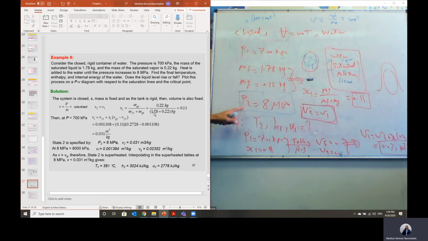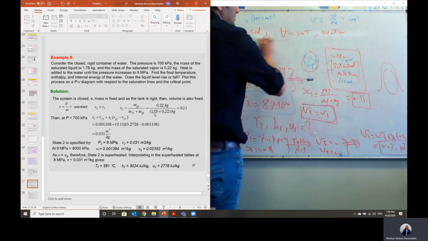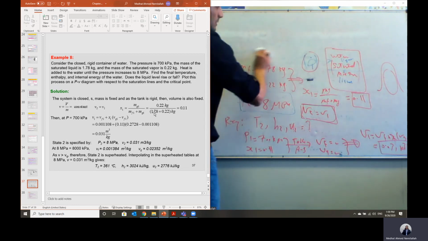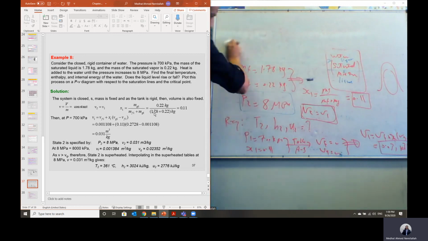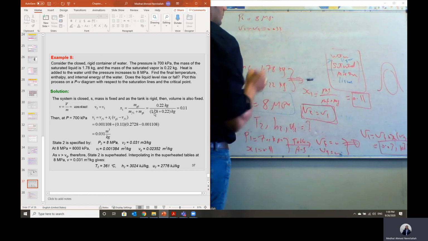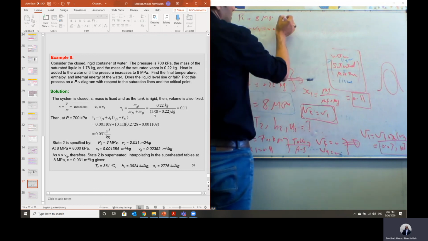So at point 2 we have pressure P2 given and the specific volume V2 given in this case. Then we have two properties. So we can go to the table with the pressure P2 equal to 8 megapascal and the specific volume V2, the same as V1, equal to 0.031.